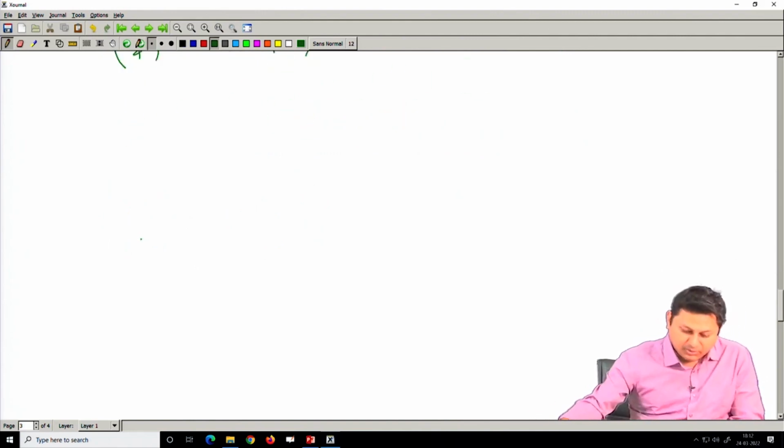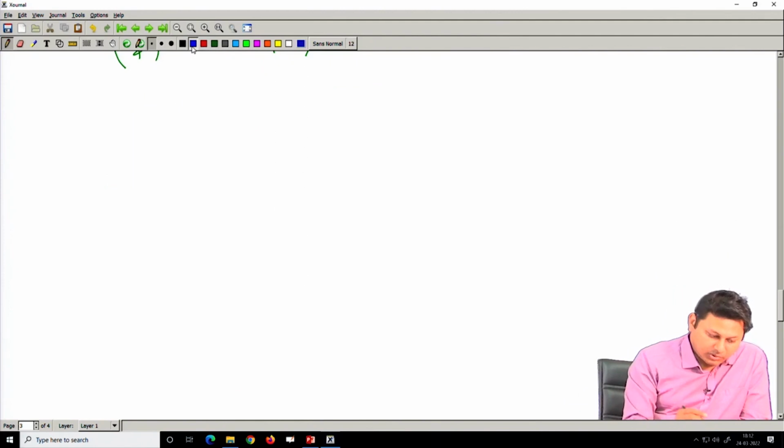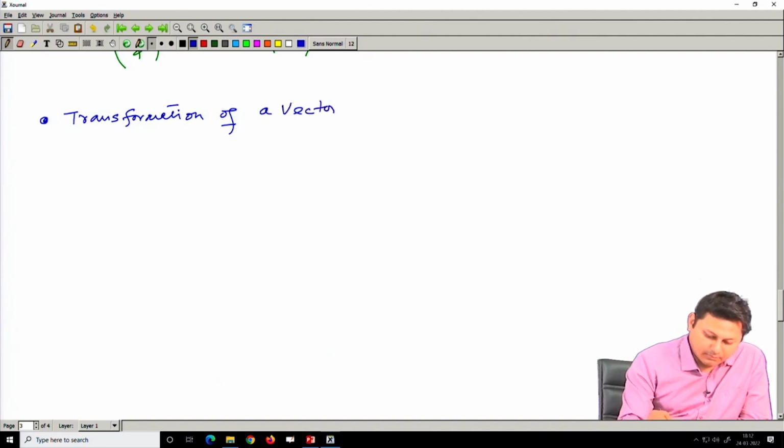Okay, in a similar way, let us quickly find out how a vector is going to transform. So, now, transformation of a vector.